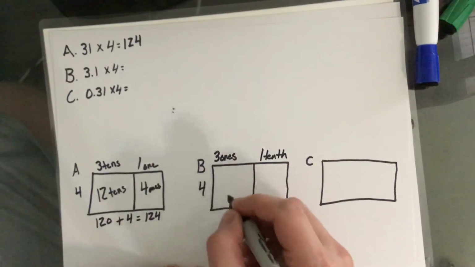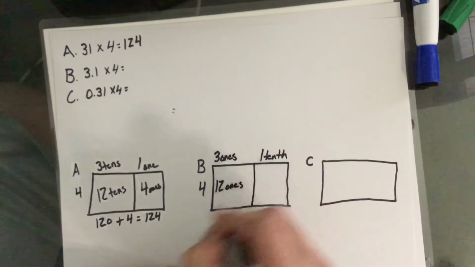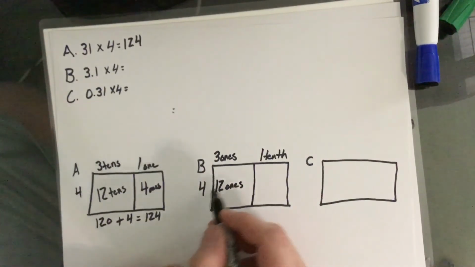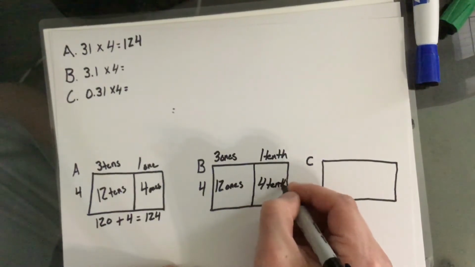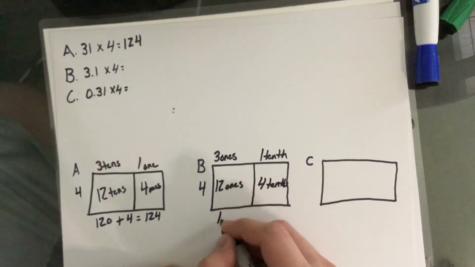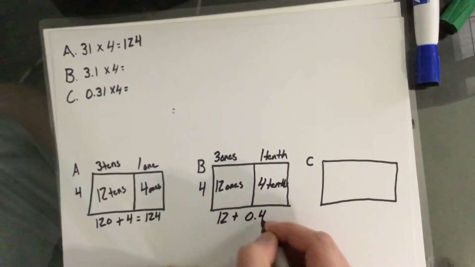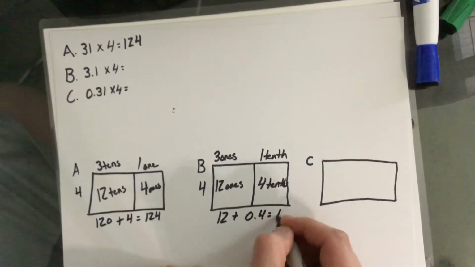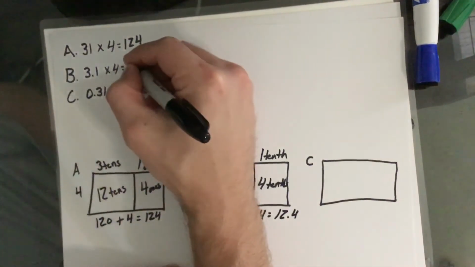So 4 times 3 would give me 12 ones. 4 times 1 would give me 4 tenths. So to add those partial products up, I would have 12 plus 0.4, or 4 tenths, and that would give me 12.4, or 12 and 4 tenths.